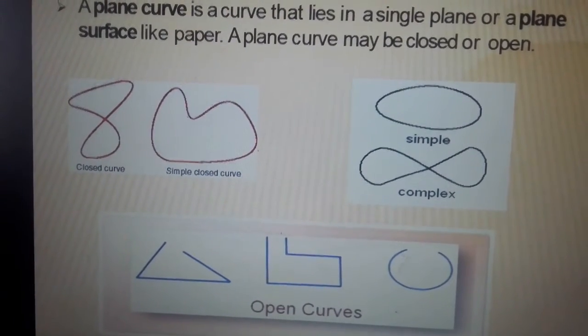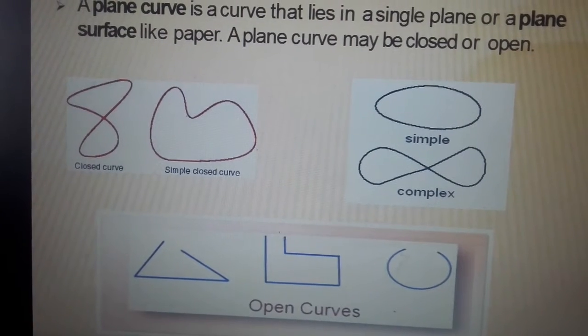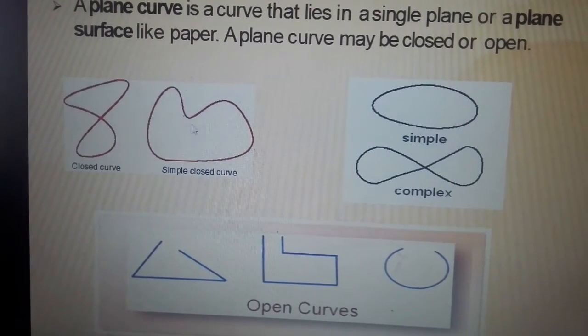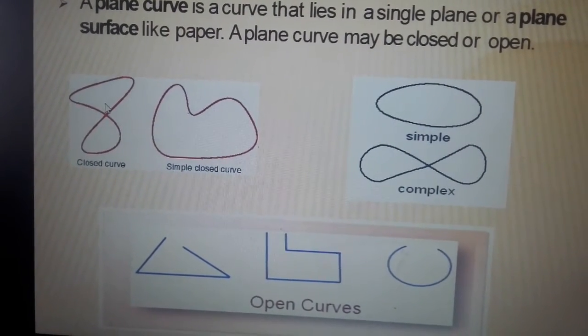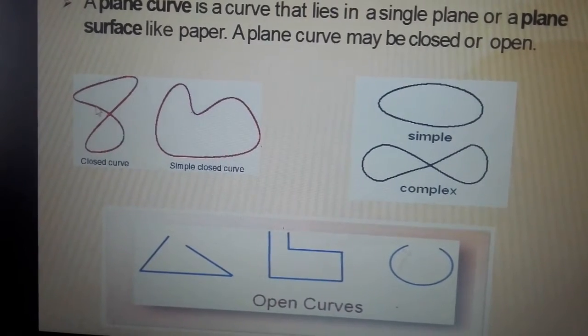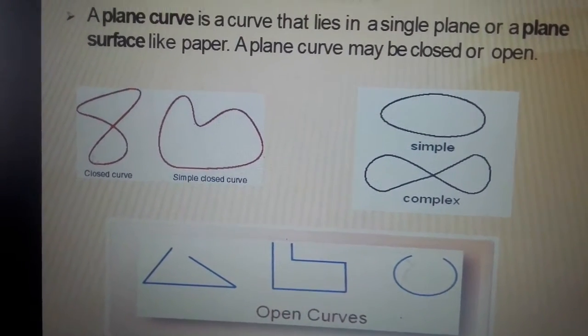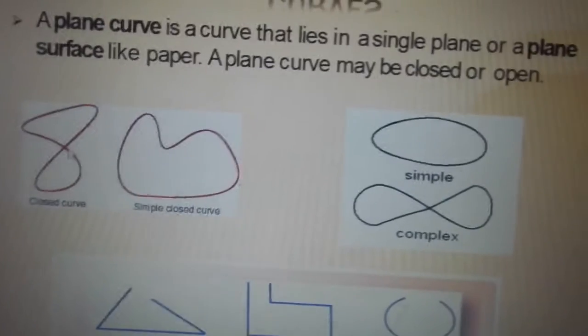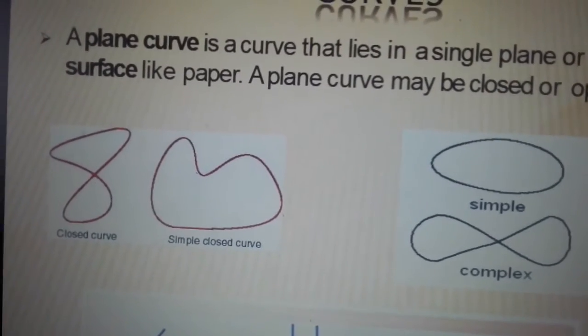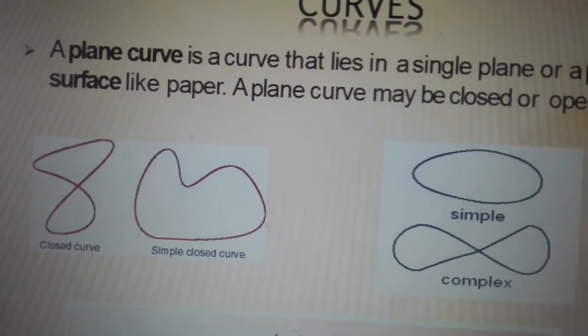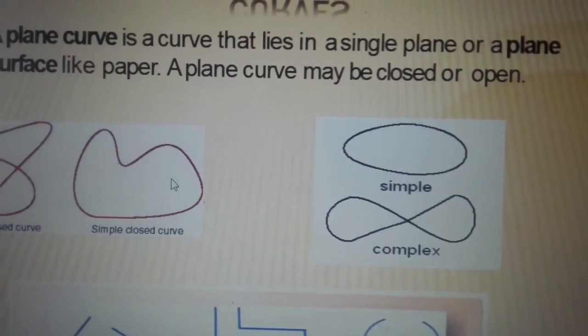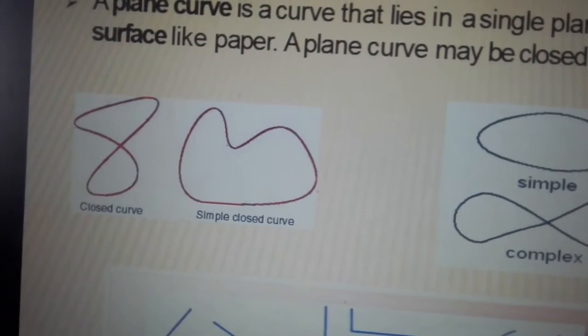So here a few examples are given. Closed curve. The first figure is called a closed curve. Look here, it starts like this and the ending place is also at the same point. The next one is a simple closed curve.